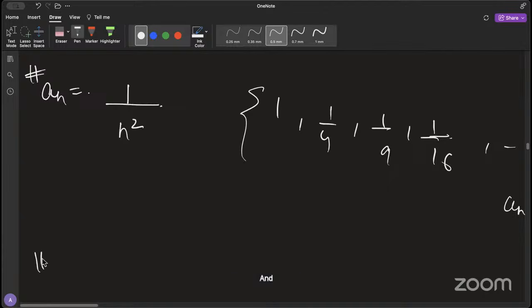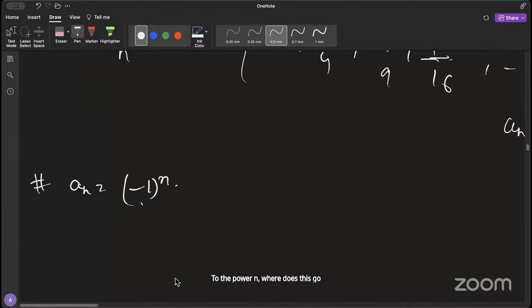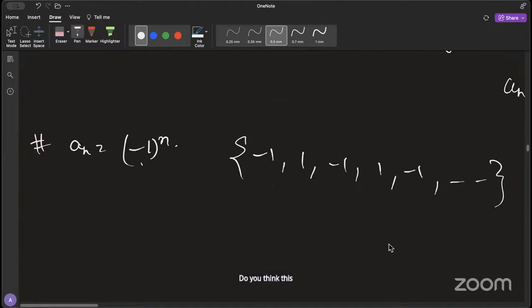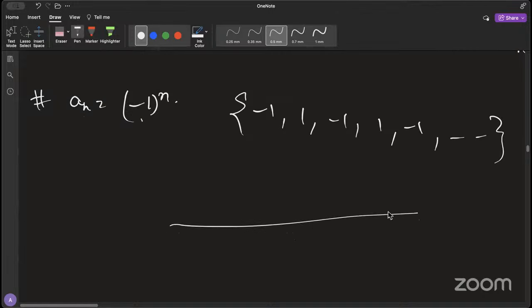And let's take this one. An is equal to minus 1 to the power n. Where does this go? This sequence is basically minus 1, then 1, then minus 1, then 1, then minus 1. Do you think this becomes close to any point as my n keeps becoming larger? Does this become close to any point? No, ma'am.